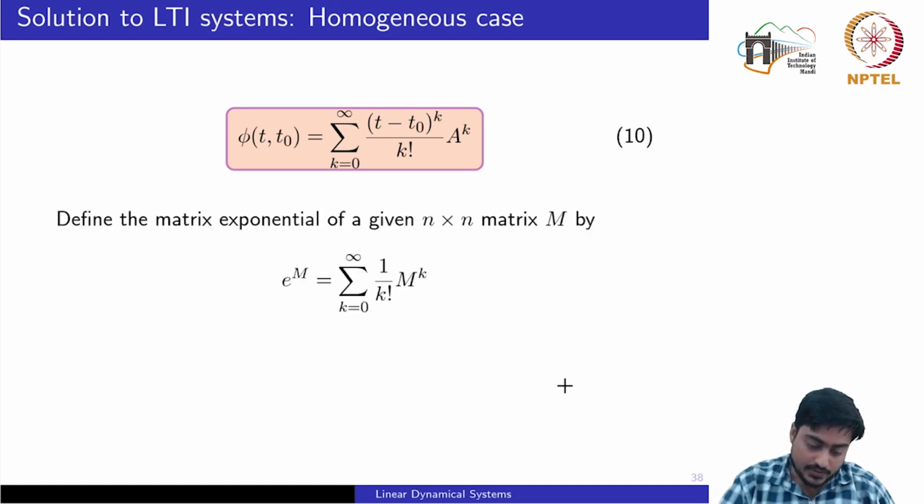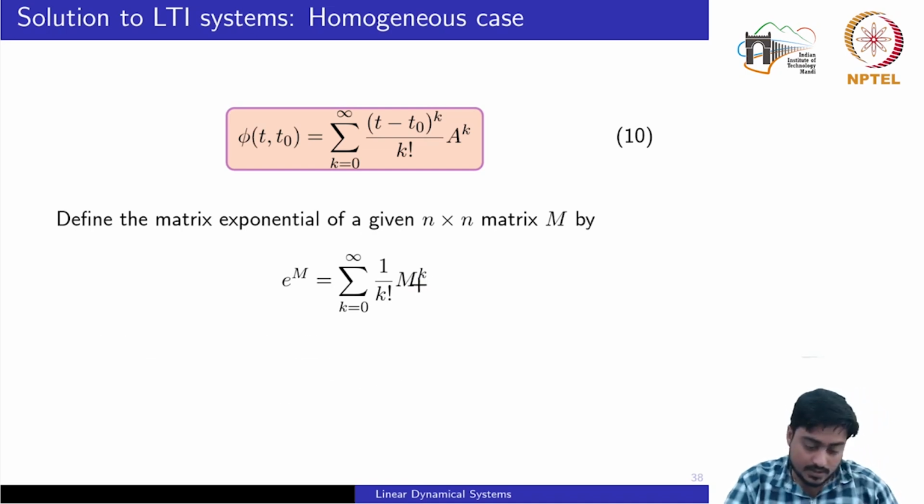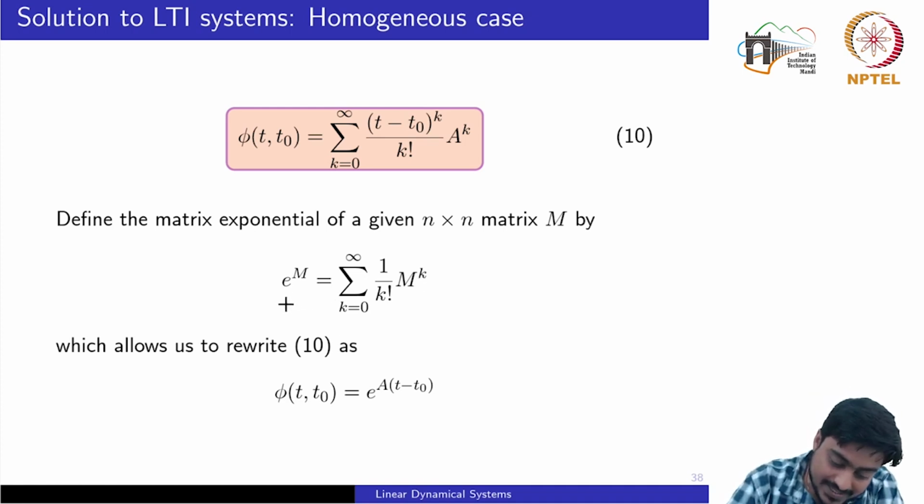First of all, we'll define the matrix exponential of a given n cross n matrix M, which is given by e to the power M, basically a series. Since this is an exponential, it would be the summation over k equal to 0 to infinity of 1 by k factorial into M to the power k. Now using this exponential, if I try to rewrite this part, I could write phi(t, t0) as basically the exponential of A(t minus t0).